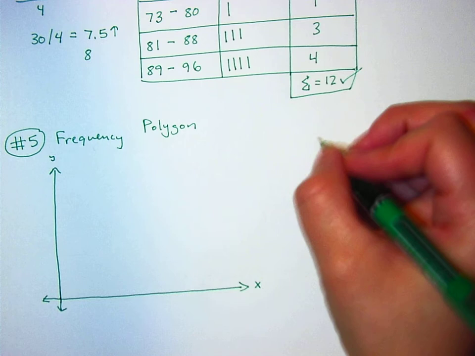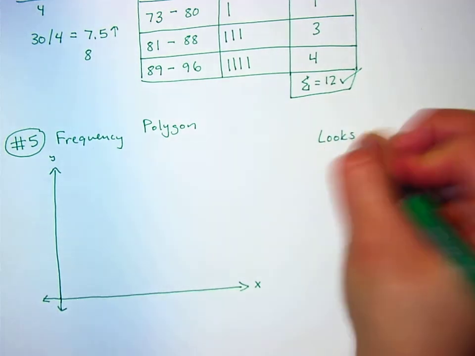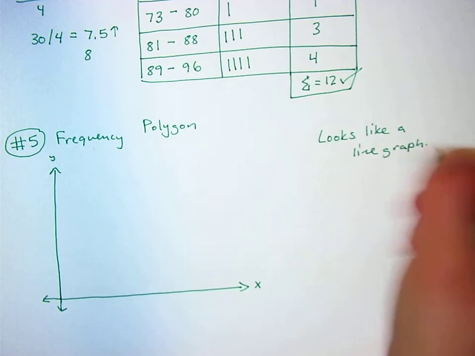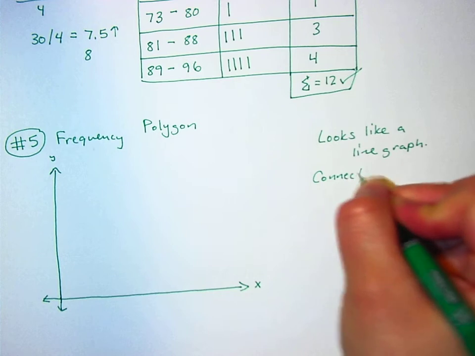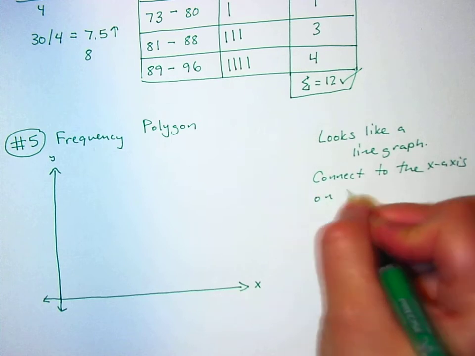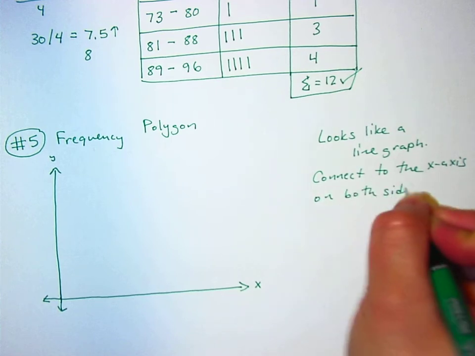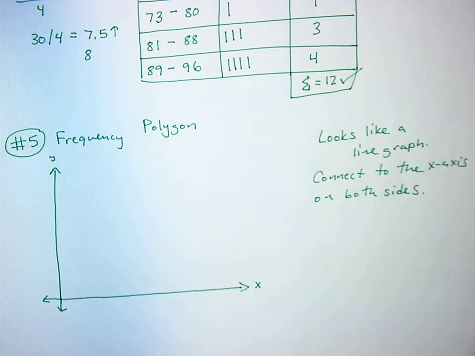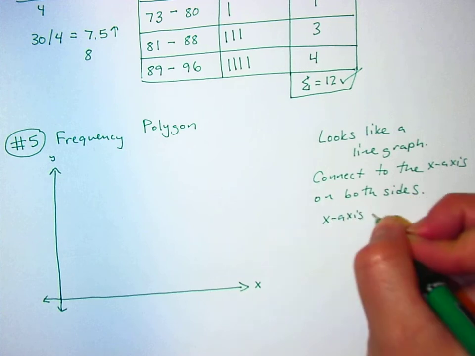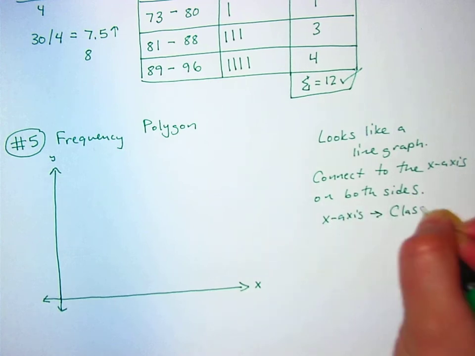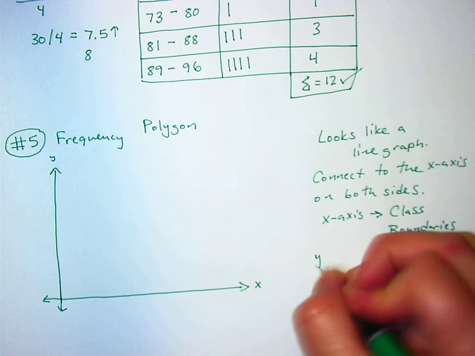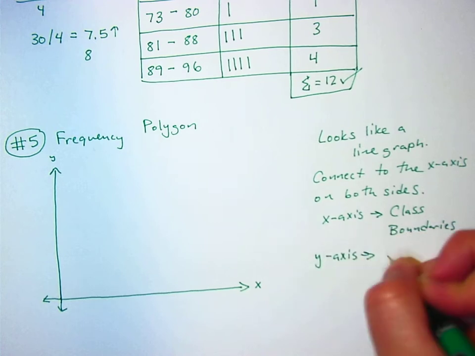And maybe I'll write some directions on the side. So this looks like a line graph, except it's going to connect to the x-axis on both sides. Okay, the x-axis is going to be your classes, class boundaries, and the y-axis is going to be your frequency.